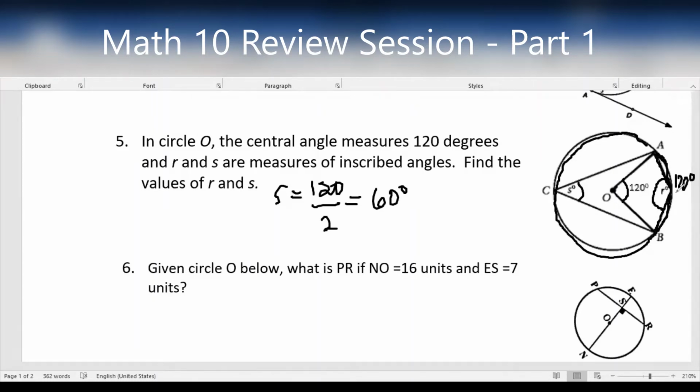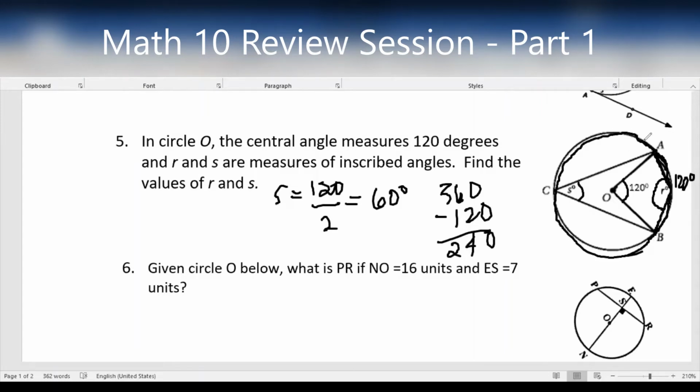So you can just copy that, but not all the time, only in this case, because we are only talking about two arcs, the major arc and the minor arc AB. So if this is 120 and the whole circle is 360, 360 minus 120, the answer is 240 for the major arc.